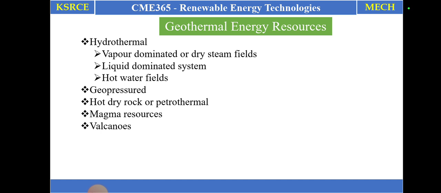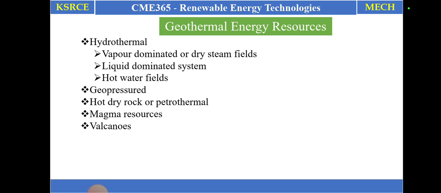Next one is the magma resources. Geothermal energy in the form of active volcanic vents occurs in many parts of the world. There is molten rock or magma present in these volcanic vents at temperatures ranging from 700 degrees Celsius to 1600 degrees Celsius.